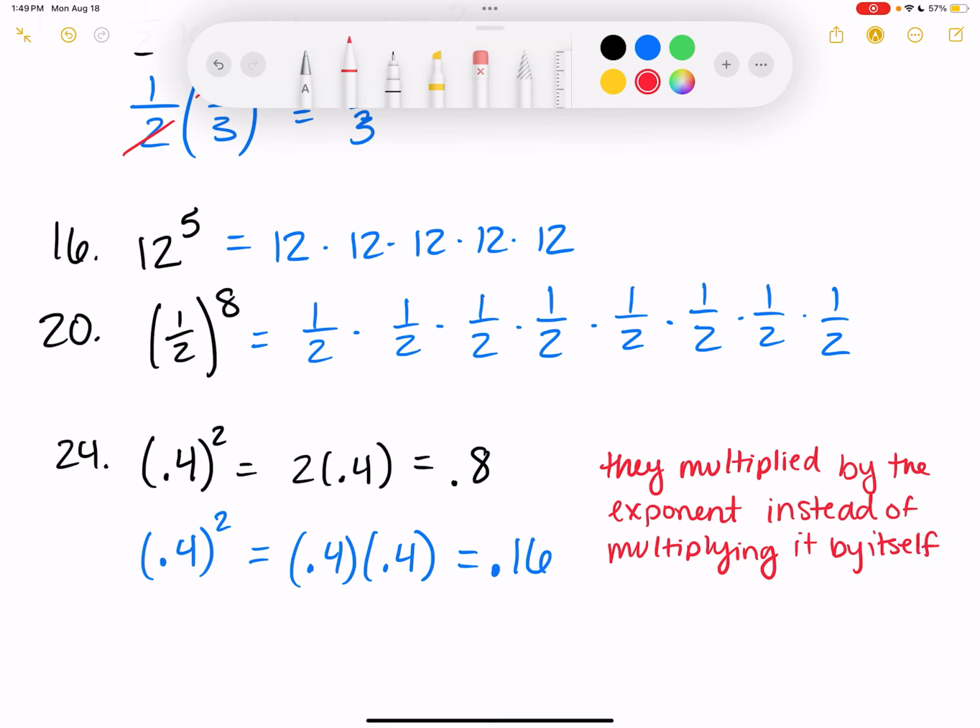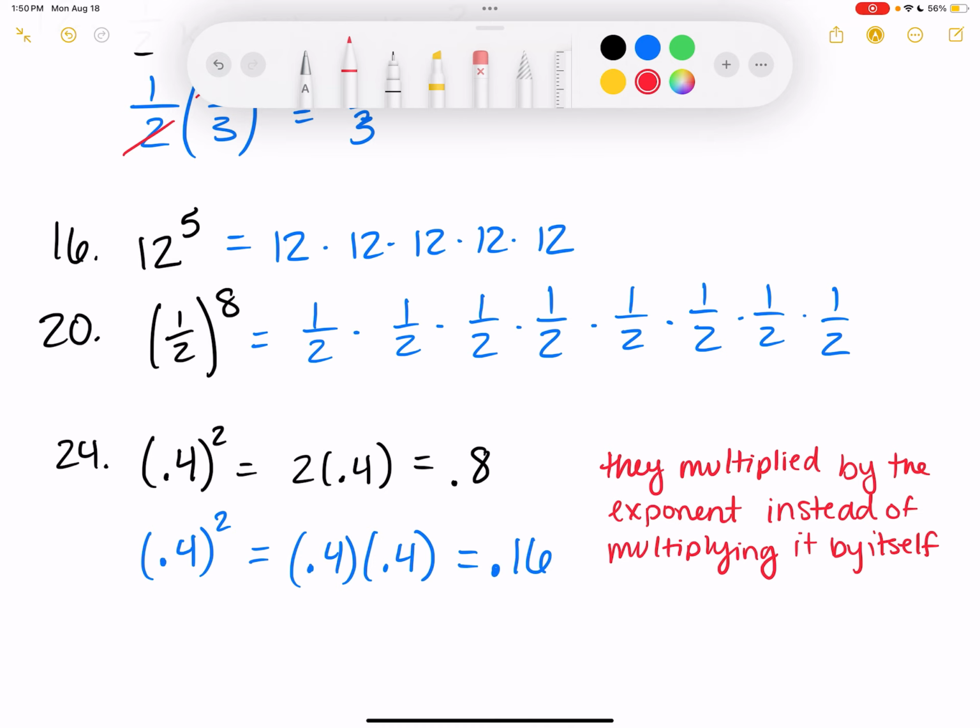And there's different ways you can word it. Obviously, it doesn't have to be worded exactly that way, but that's how I did it. The way the book writes it is 0.4 was multiplied by 2 instead of squared. So however you want to write it is fine as long as you explain what they did wrong.